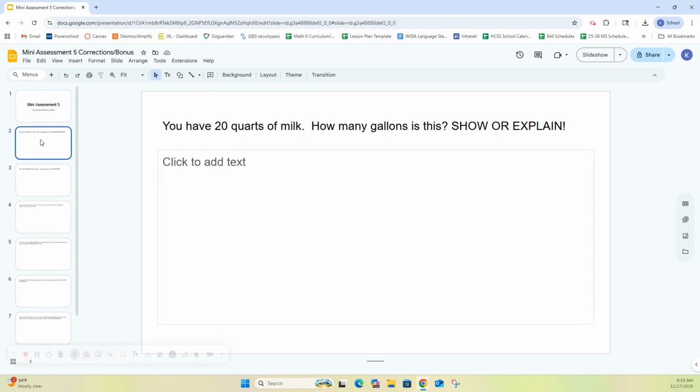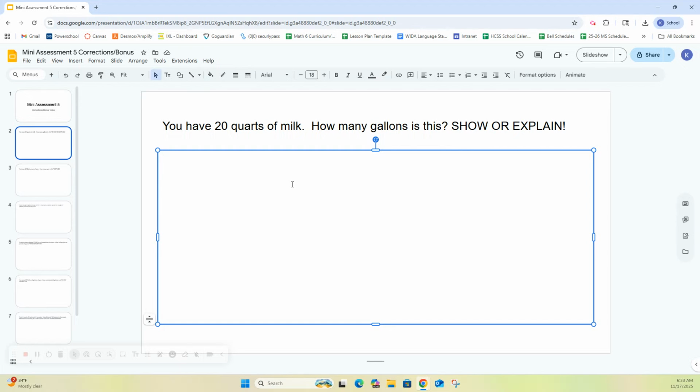All right, question 1 says you have 20 quarts of milk. How many gallons is this? So first we need to think about what do we know about quarts and gallons? If you look on your reference sheet, which we don't have in front of us, but that's okay, we know that 1 gallon is equal to 4 quarts.